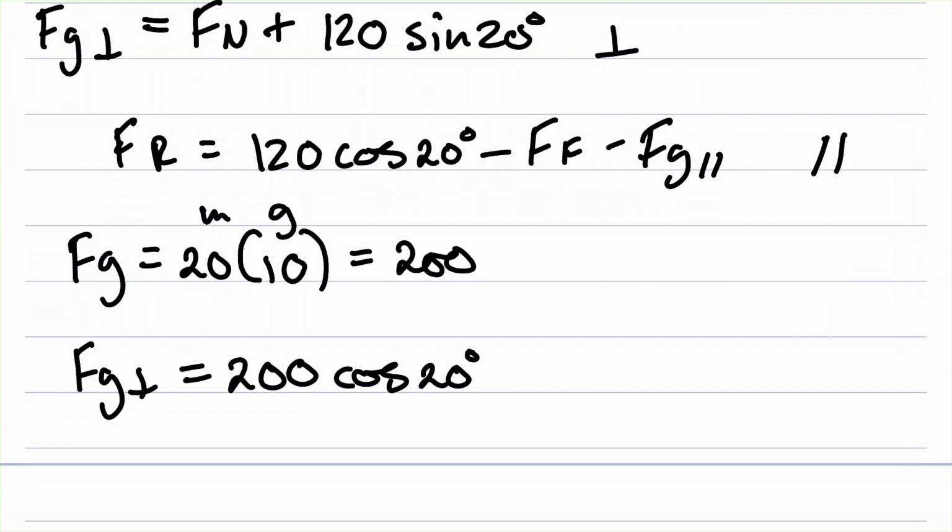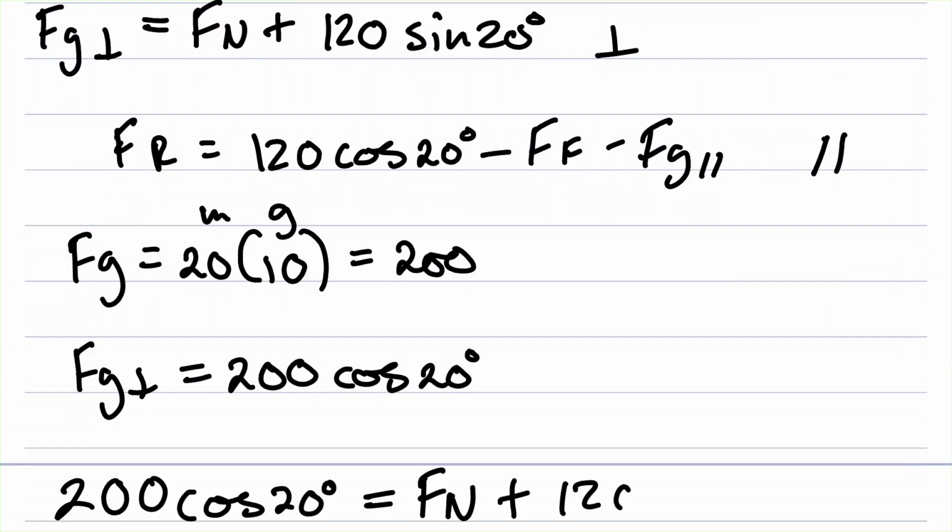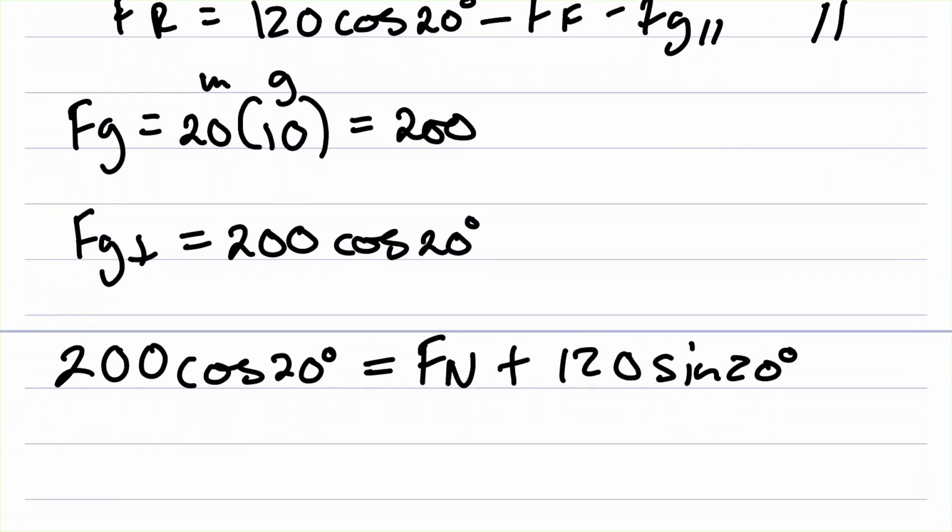Then we have 200 cos 20 degrees equal to Fn plus 120 sine 20 degrees. You guys can solve for this, move this to the other side, and you should get that Fn is equal to 156 newtons.